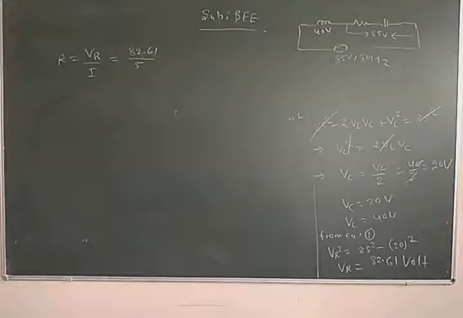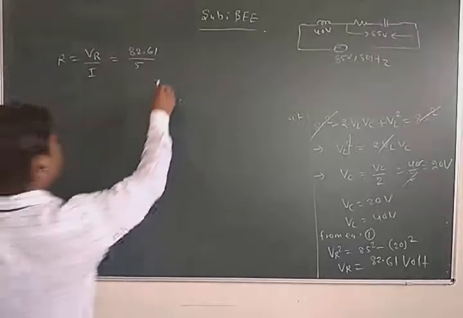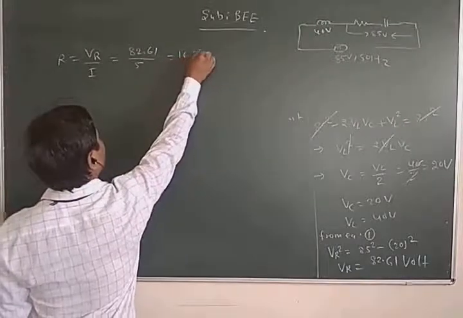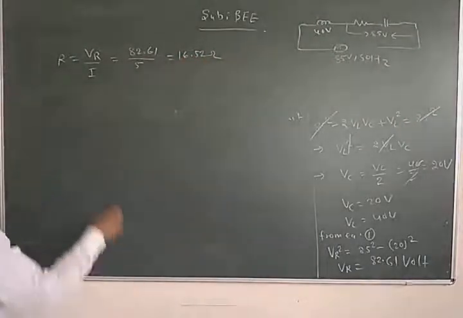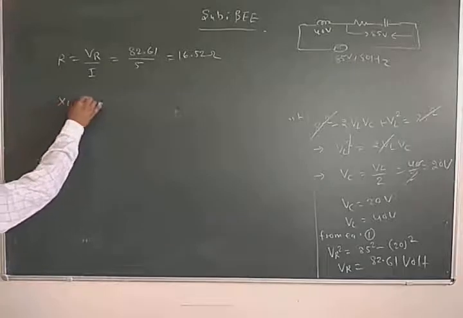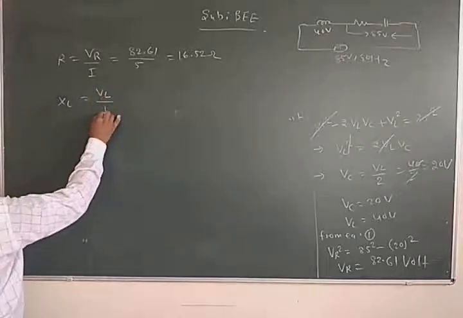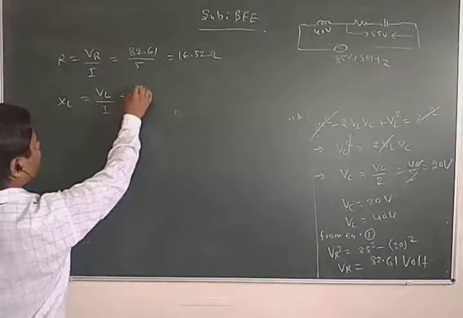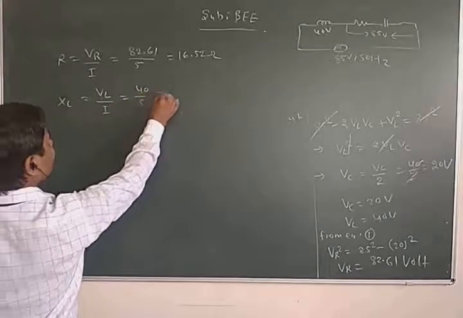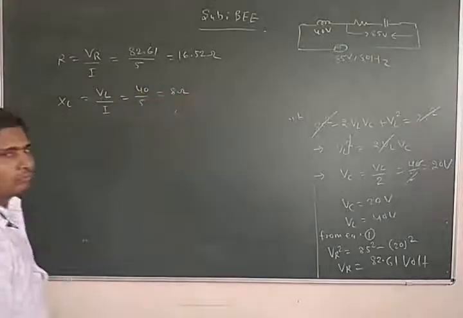So the value of R becomes 16.52 ohm. Similarly, XL is equal to VL upon I. VL is 40 divided by 5, that is 8 ohm.